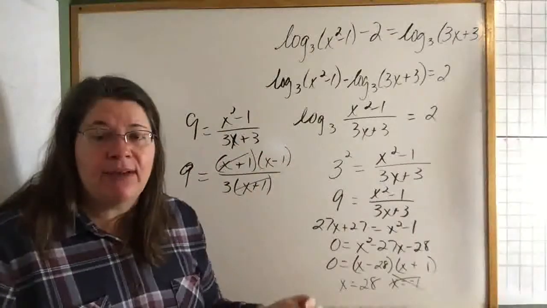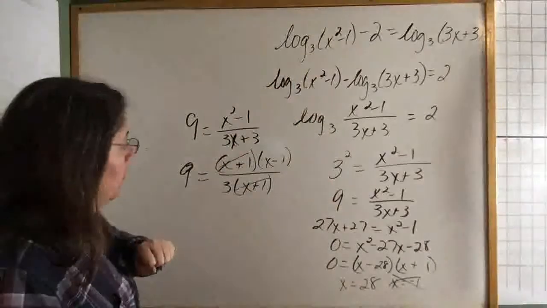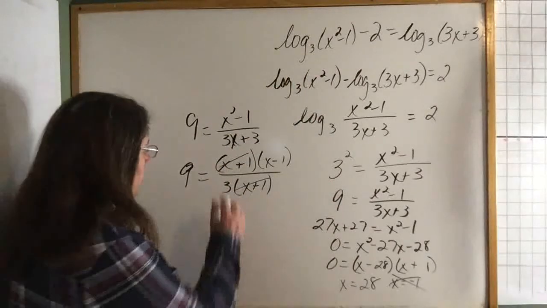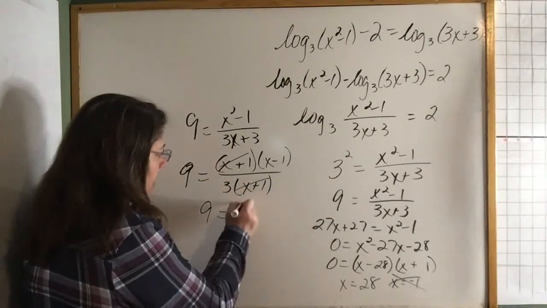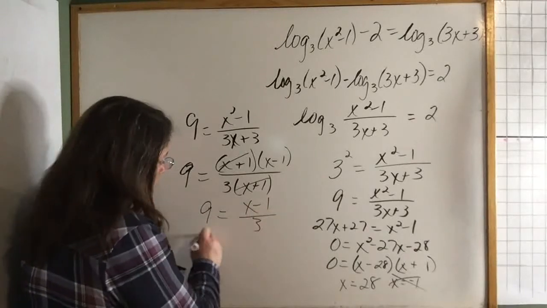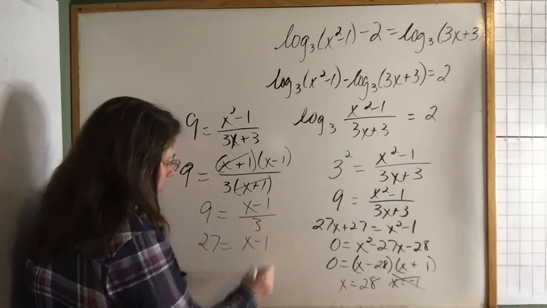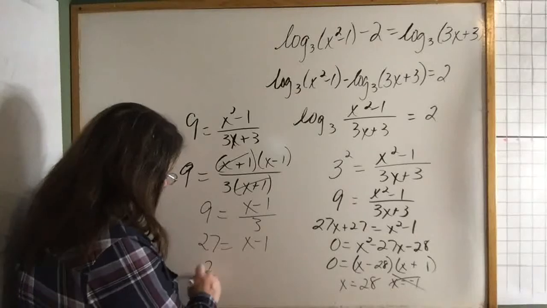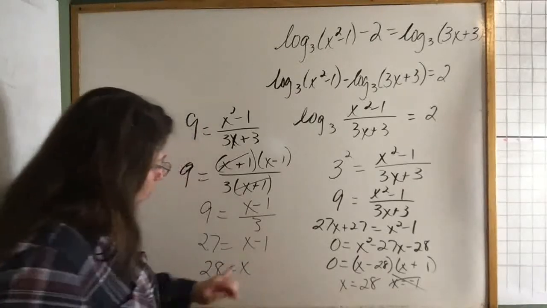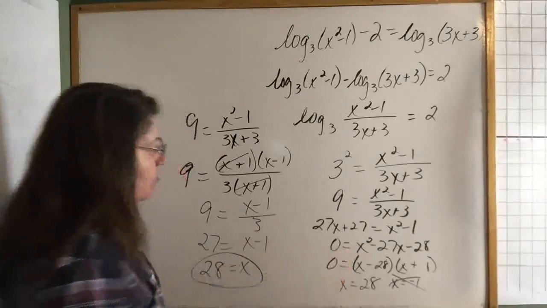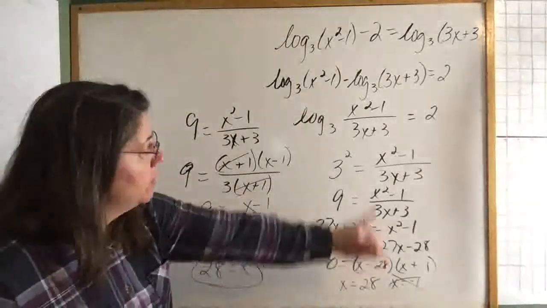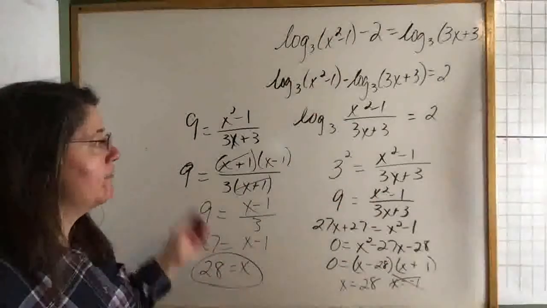And we can't have a 0 in our x part for a log. So if I cancel that out, and notice what I end up with, 9 equals x minus 1 over 3, 27 equals x minus 1, and if I move the 1 over, I get 28 equals x, which is our answer that works. The other one gives us 0, doesn't work, we have to throw it out.